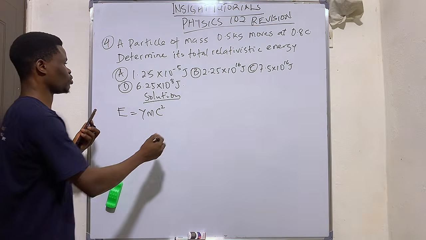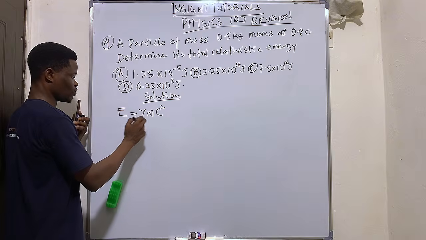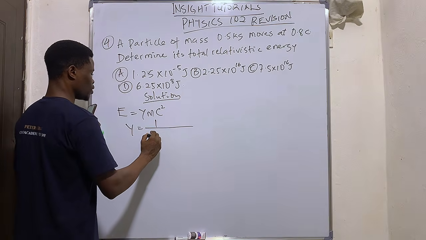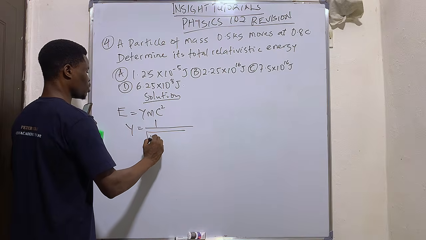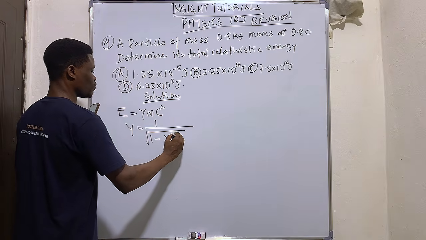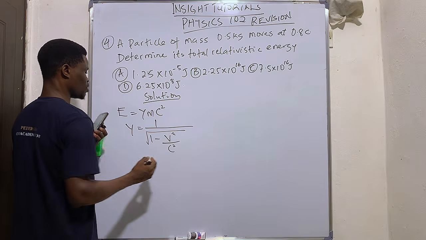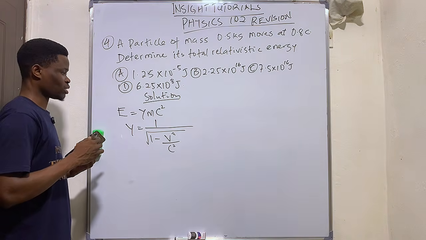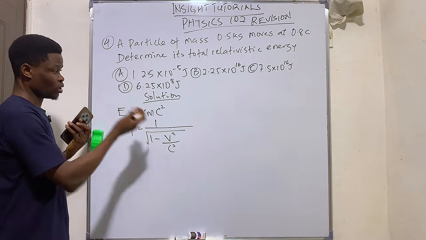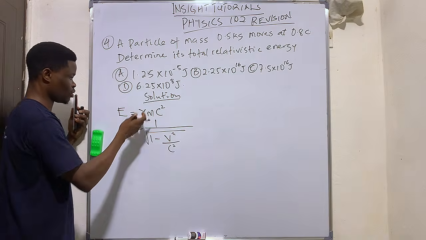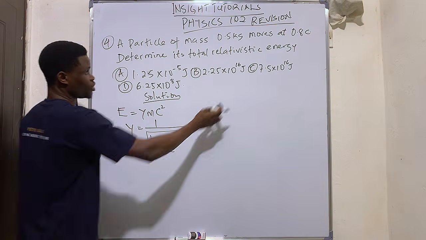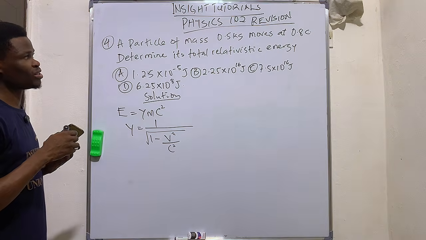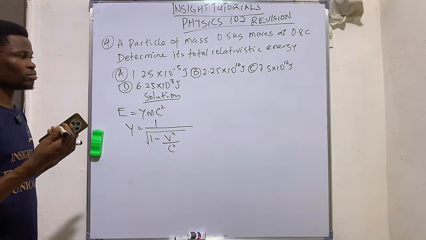The formula for the Lorentz factor is 1 all over the square root of 1 minus v squared all over c squared. From what we are given, we have our mass, but to solve this, we need the speed of that particle, which is 0.8 the speed of light.